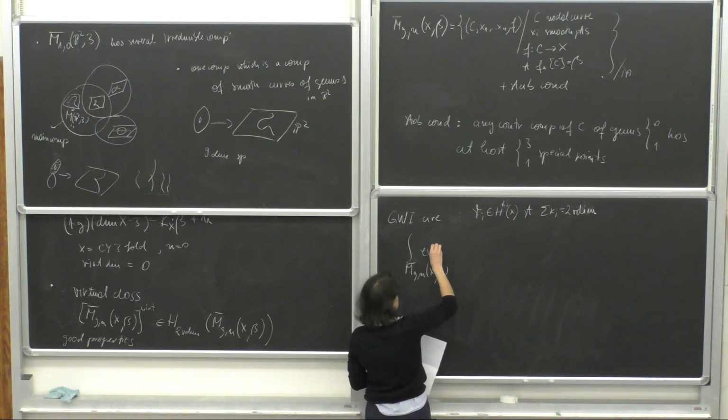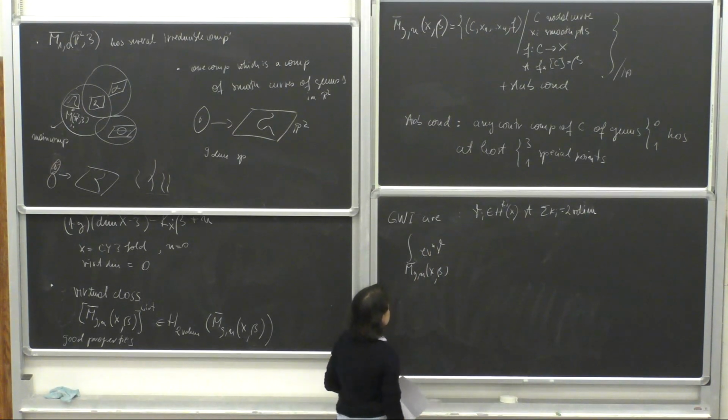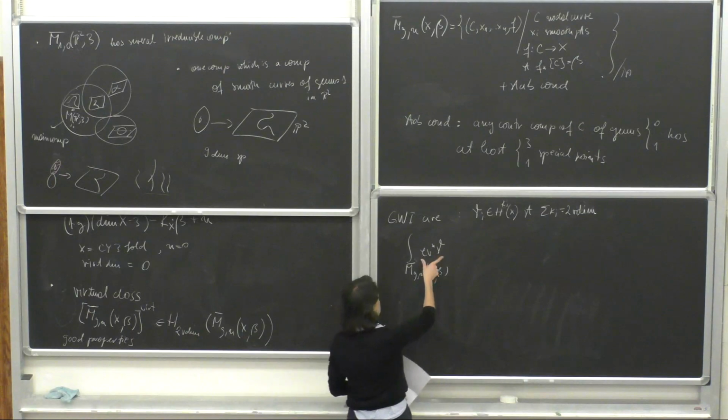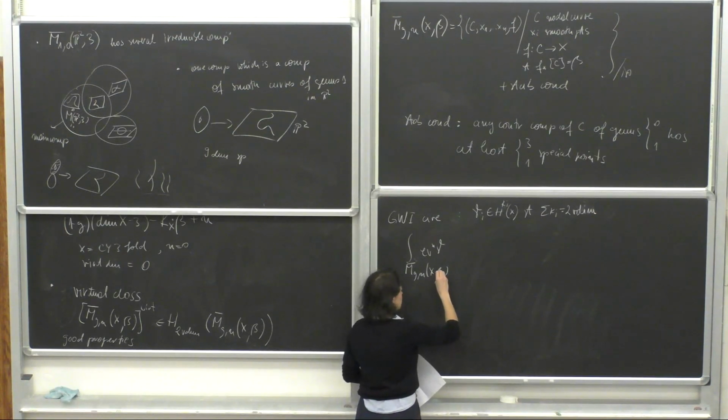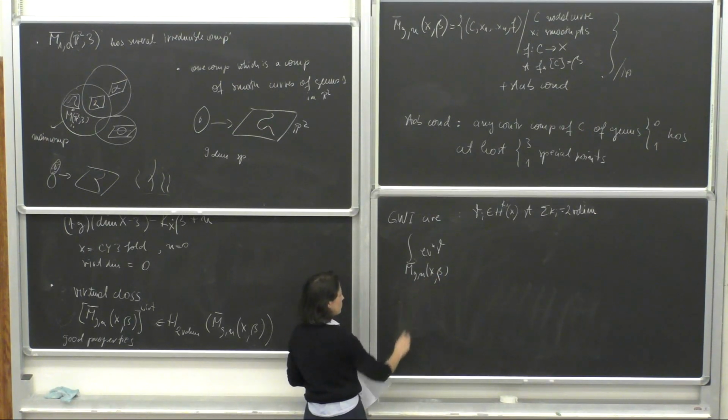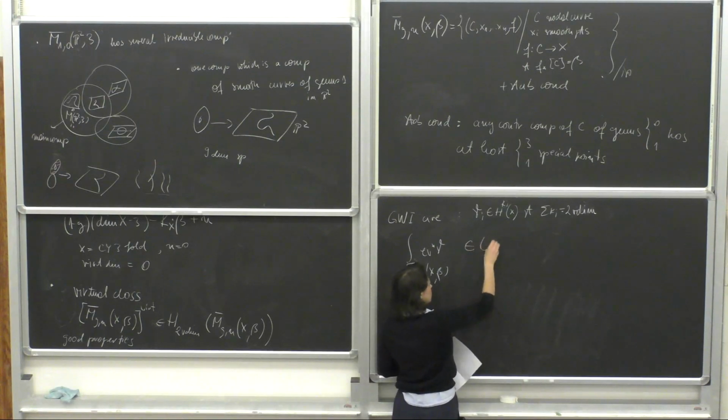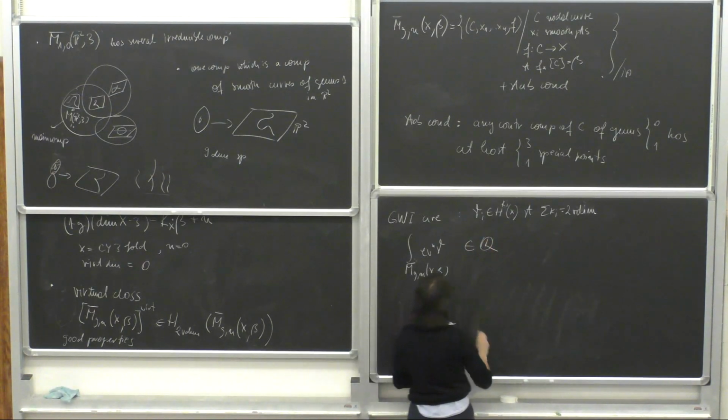So these are homology classes on M_{g,n}(X, beta). And I pair them with this homology class. And these will be some rational numbers.